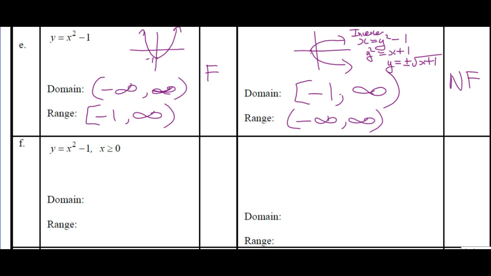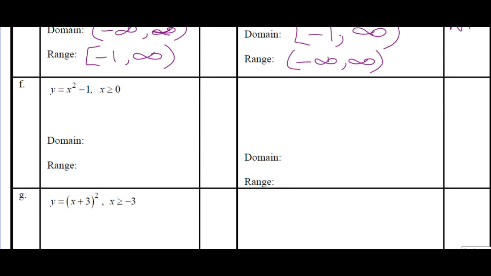That's negative 1, 0. That's inverse stuff. If x is replaced by x plus 1, what's that in any language? Horizontal translation. Now, we have a restriction. Okay, so your turn. Do the restricted one.